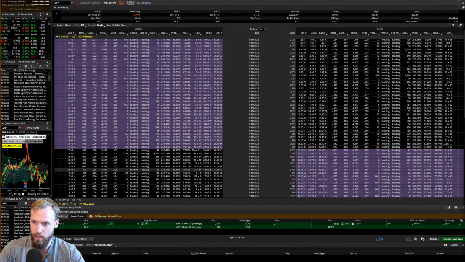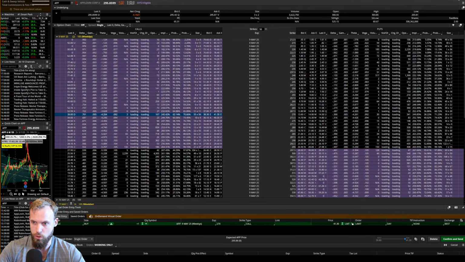So the theta now, we're at the 270s. This is without doing any sort of rebalancing, which, by the way, if you're long a straddle like this, you would need to rebalance, but we're just assuming no rebalancing. So our theta on these is now negative 4.2. Our vega is 0.09. And our IV is 245.4%.